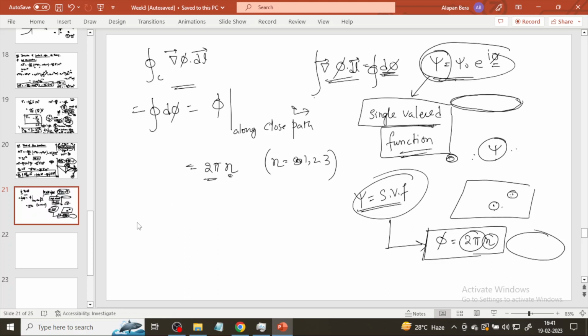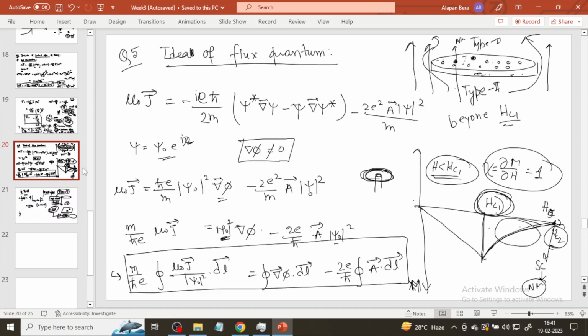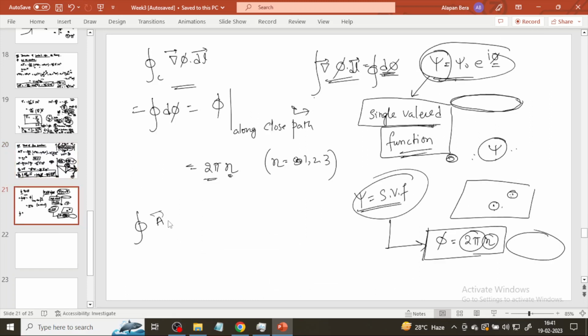Now for the second term, we have got the value of the first term, that is 2 pi n. Now this term A dot dl, the closed path integration of A dot dl, can be written as B dot dS. This is basically the equation of magnetic flux.